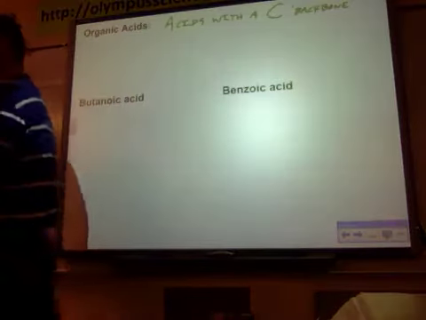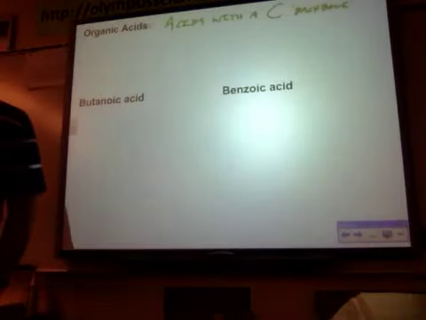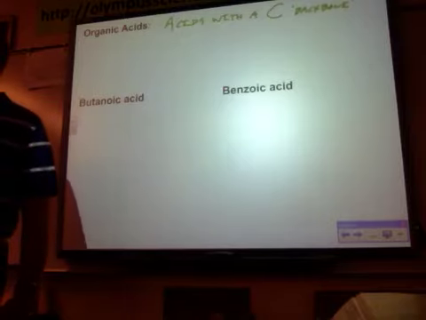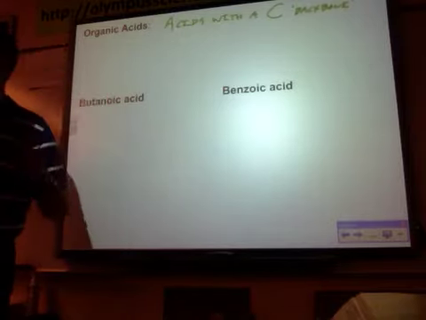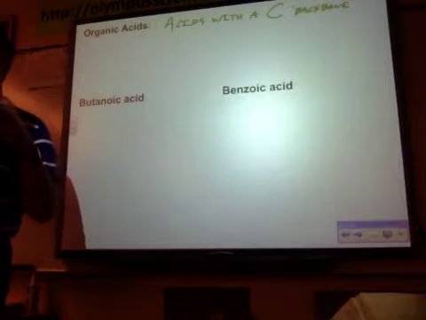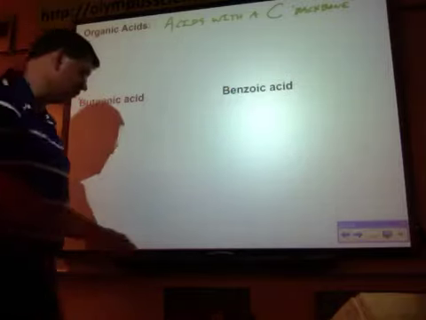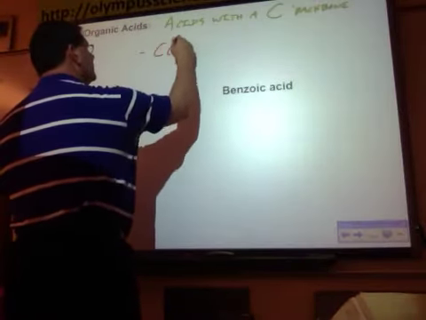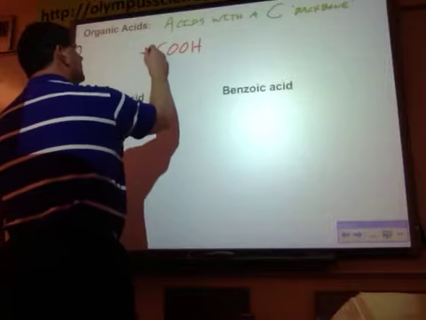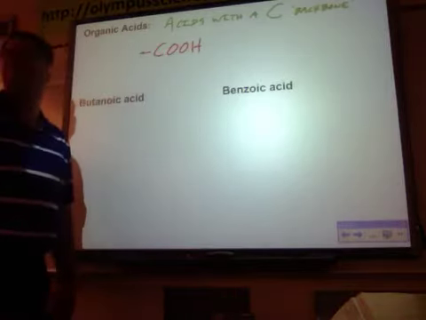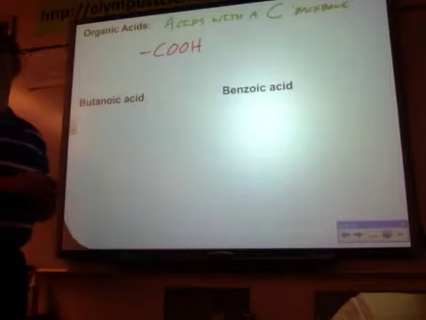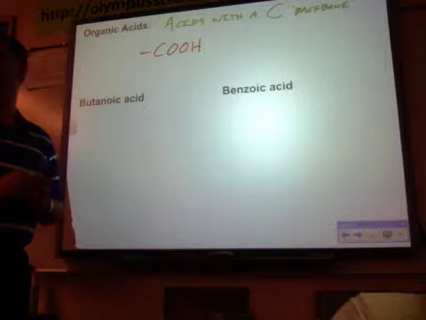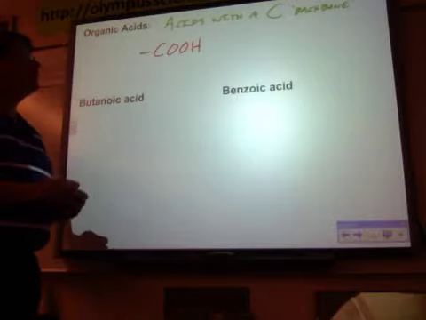Okay? Now, how can you tell if a carbon compound is going to be acidic or not? Here's the way you tell. There is what is called a functional group, a group of atoms that shows up in each case. That functional group is COOH, or maybe it's written CO2H.